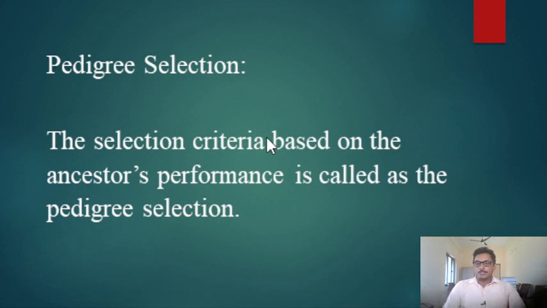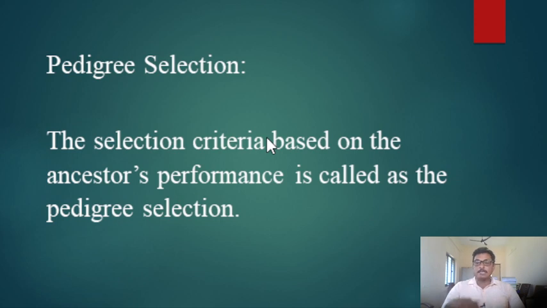Then the second selection should be the pedigree selection. The pedigree selection is the selection criteria based on the ancestors' performance. The ancestors are, for example, its mother or its grandmother, and how the yielding of that mother and grandmother is. We also have to take care about that.